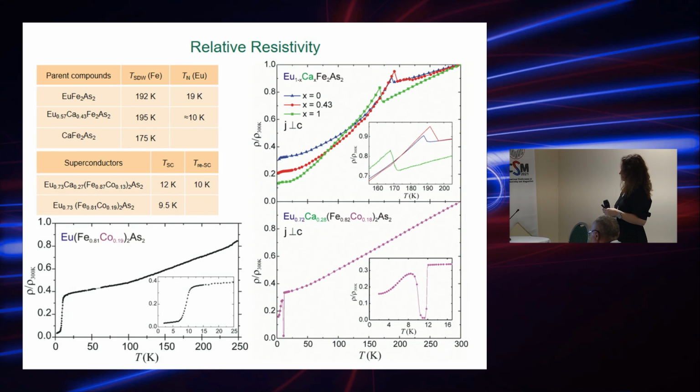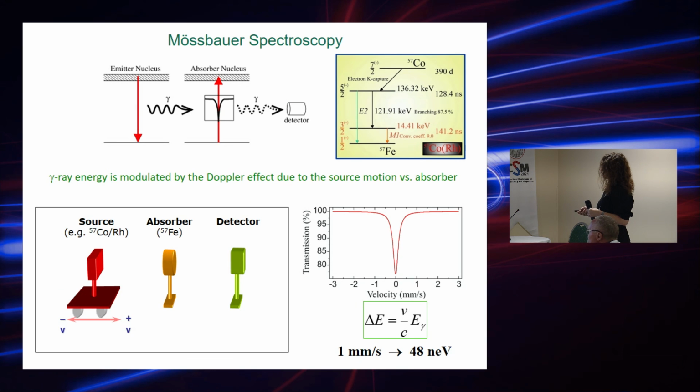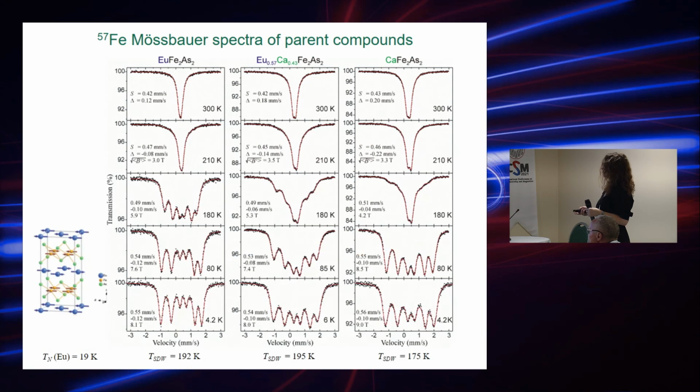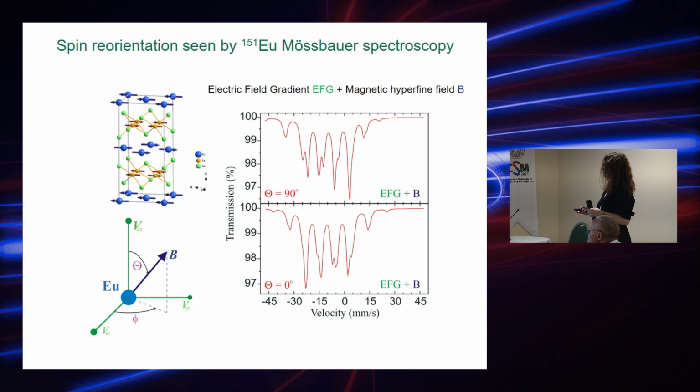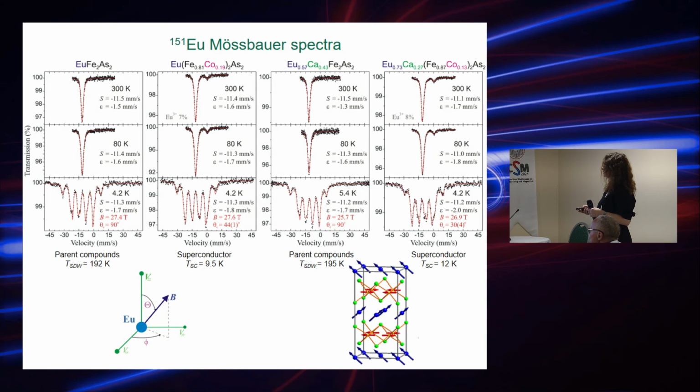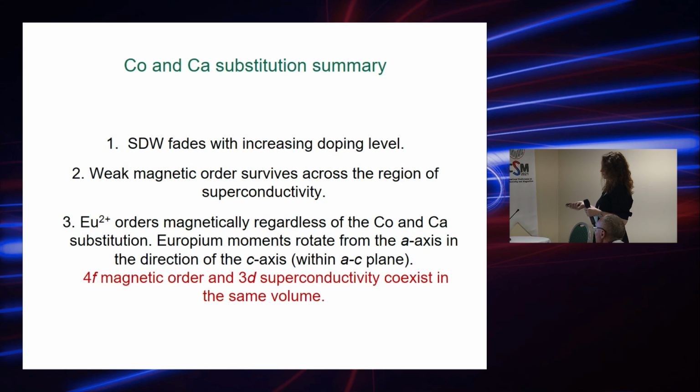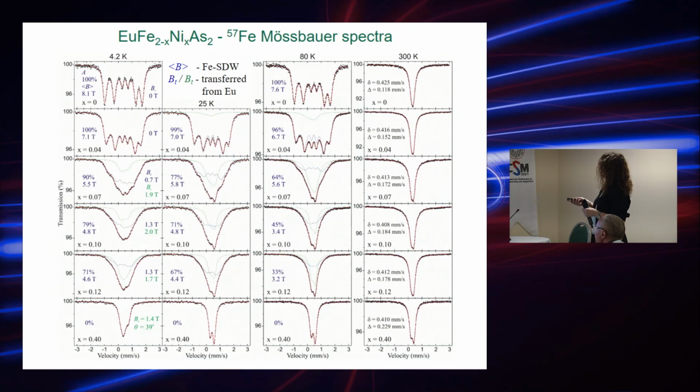I also have a short question. You showed the beautiful data on the europium spin rotating with substitution and so on. Does it happen in a step-like fashion, like a spin-flop transition, or continuously? It's rather continuous, because we have different content of nickel.